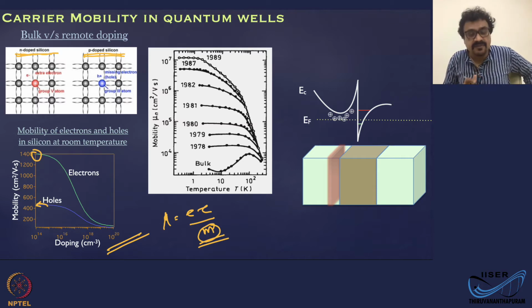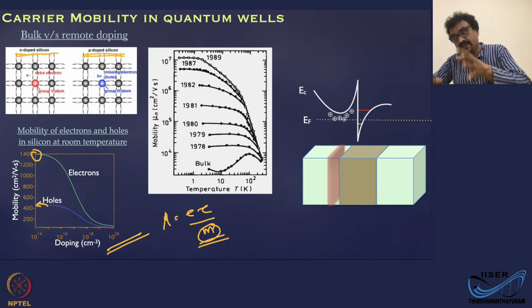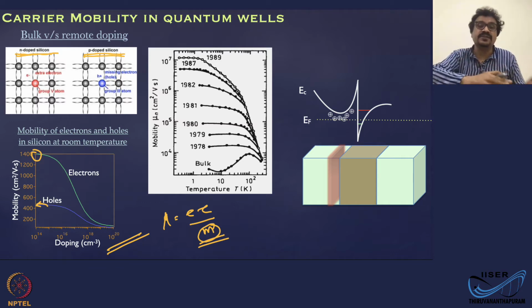So the hole mobility will naturally be low. You can think of it like this: to move a hole you have to move n-1 electrons through the band, because a hole equals one missing electron. So you are moving one hole in one direction, which means you are moving the rest of the electrons in the other direction. That is a good analogy for how you can visualize why the hole mobility is much lower compared to the electron mobility.